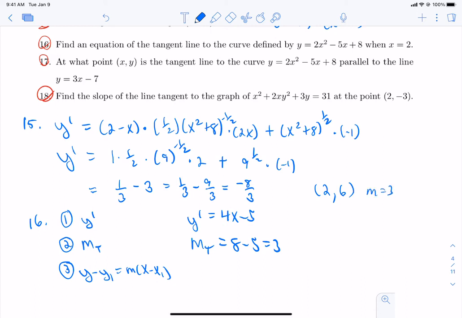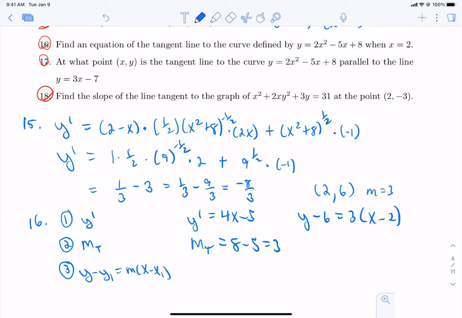And now I just plug into the point-slope formula, and I get the equation of the line. Now, you might have to make it pretty, but let's do that. So it's y minus 6 equals 3 times x minus 2. And so we're almost done. Most of the time putting it in slope-intercept form is most often seen.